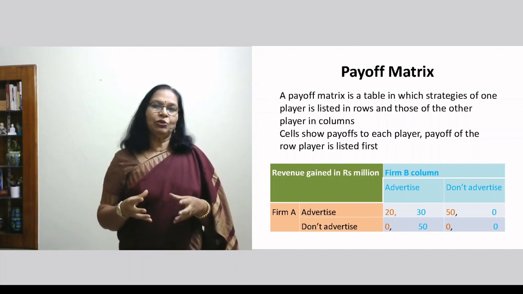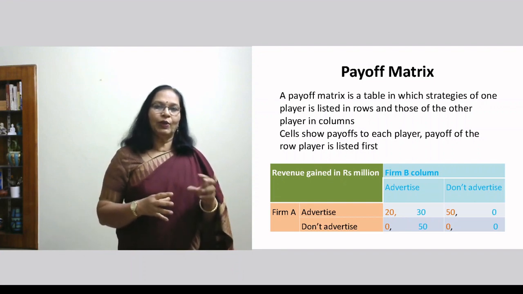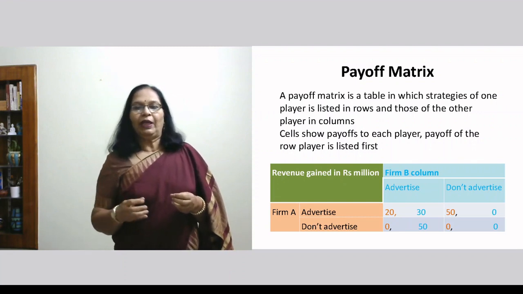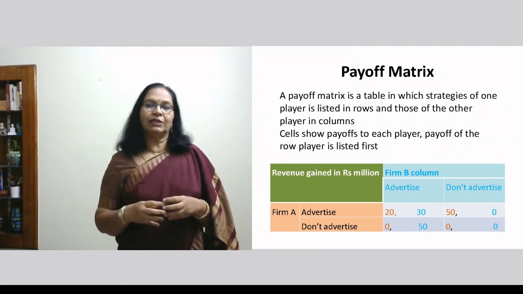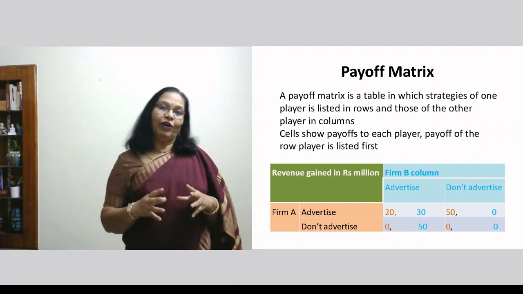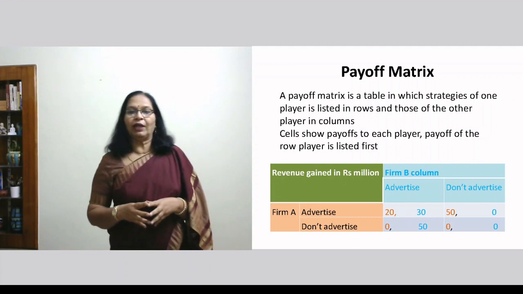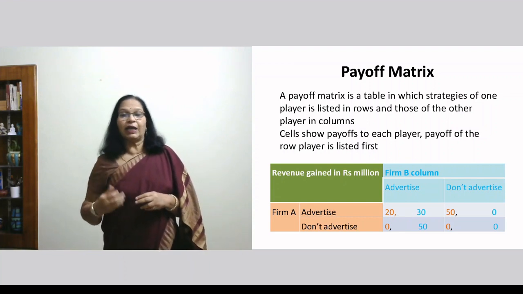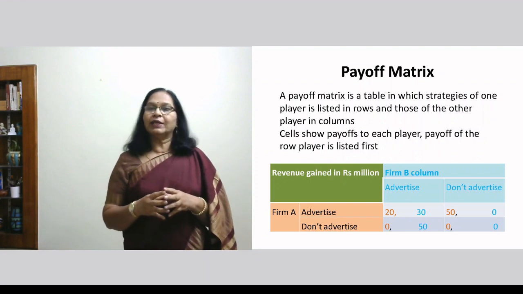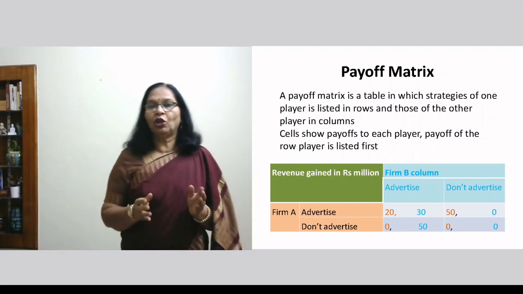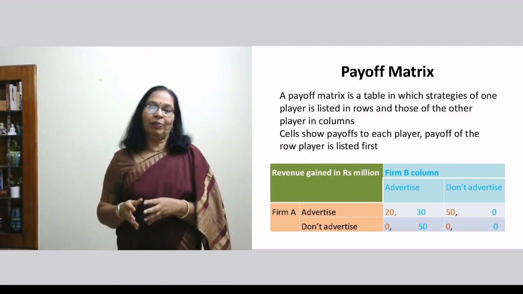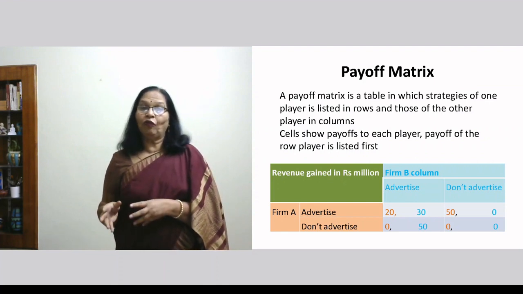So they will be able to increase the revenue by 20 million by firm A and 30 million by firm B. Now take the other case when firm A decides not to advertise and firm B decides to advertise. In this particular case, firm A's revenue will not change at all. It will remain at zero, but the revenue of firm B will increase by 250.